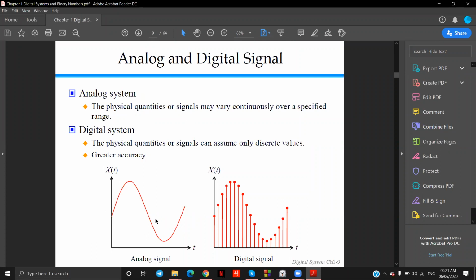That's why this is an analog signal, and in the analog system we will find this analog signal. In the digital signal, the physical quantities or signals can assume only discrete values, and it has greater accuracy. So this is one example of a digital signal.